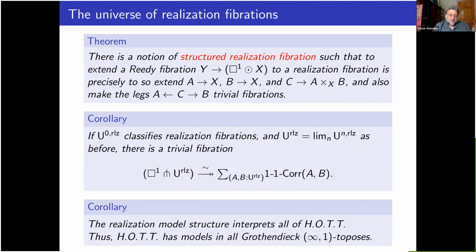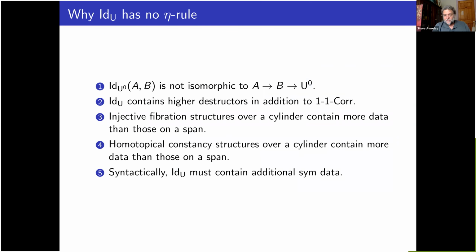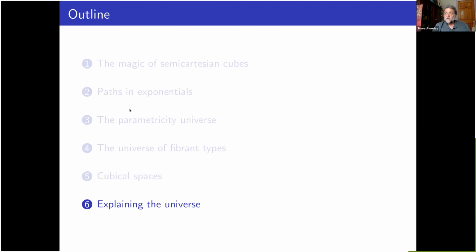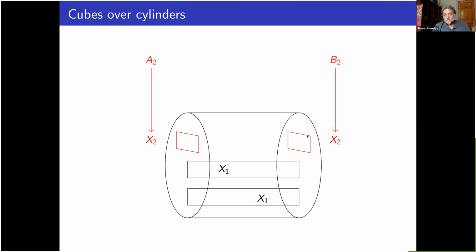Another question, which is maybe a clarificatory one. When you showed that the path space of the universe classifies correspondences, you used your magical cylinder formula. So that looks as though that's only going to hold using the semi-Cartesian cubes where you have that magical cylinder formula.